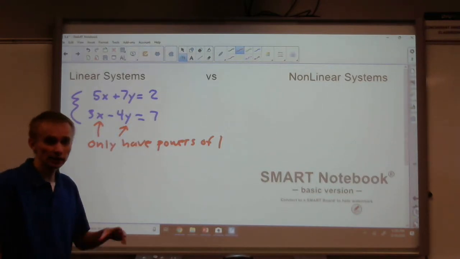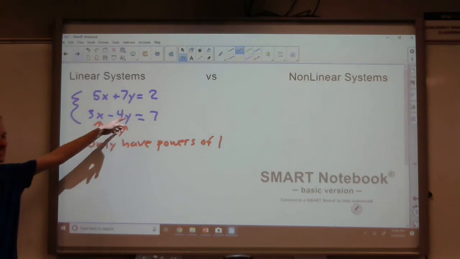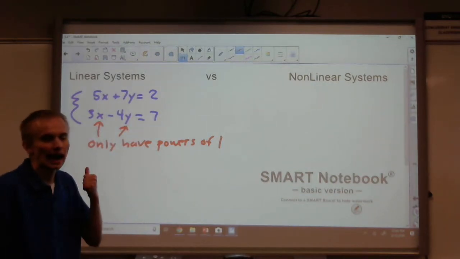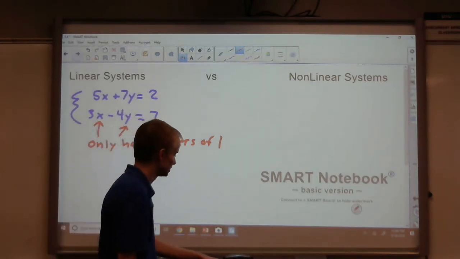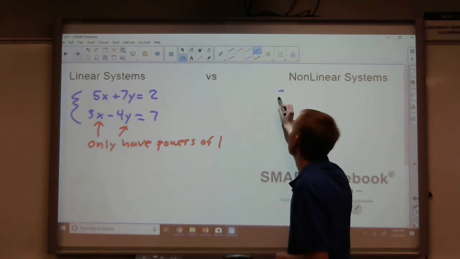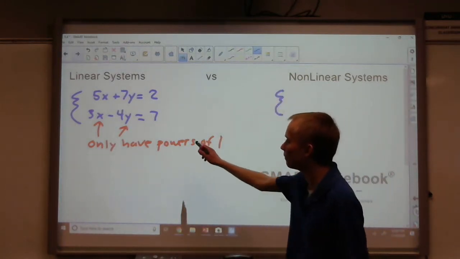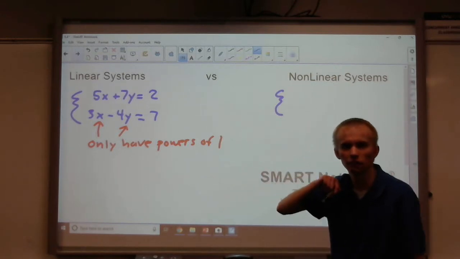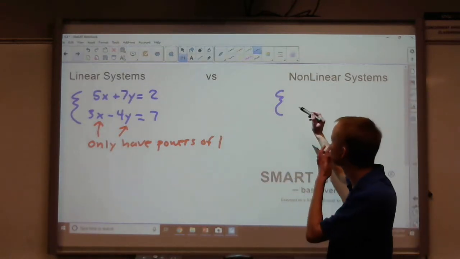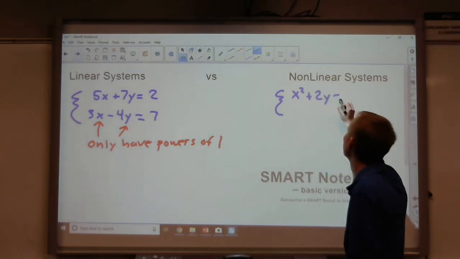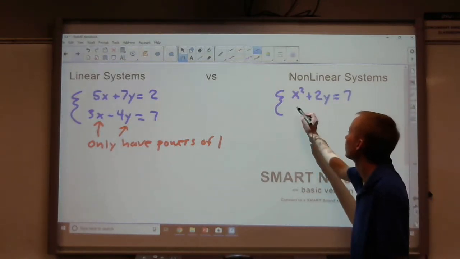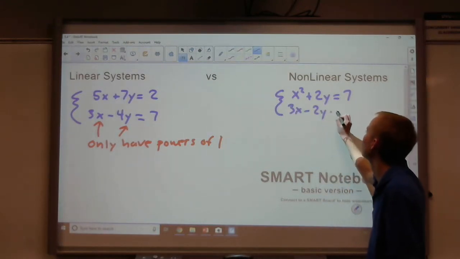And even the 3 variable ones we did with z's, if the z only has a power of 1 on it as well, we still consider it a linear system. So what would a nonlinear system be? It would be something where you don't have powers of 1 on your variables anymore. For instance, I could do x squared plus 2y is equal to 7, and 3x minus 2y is 4.